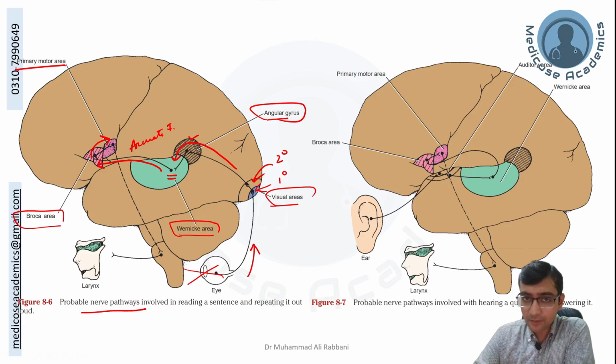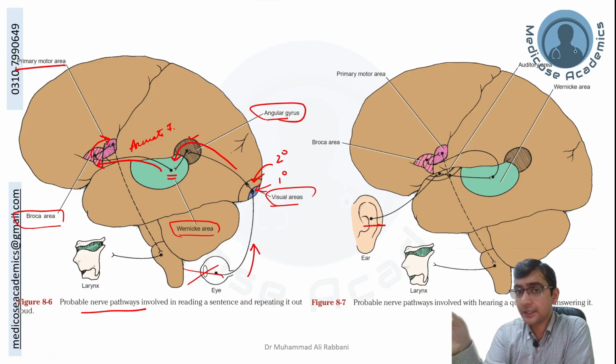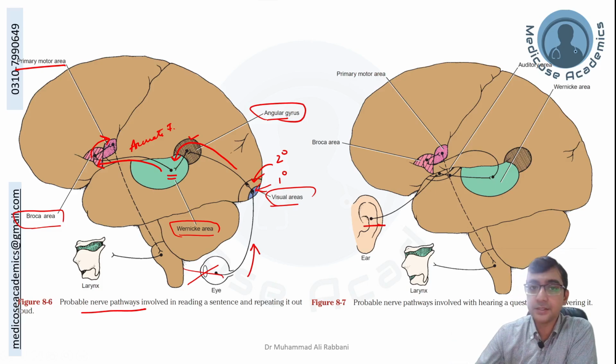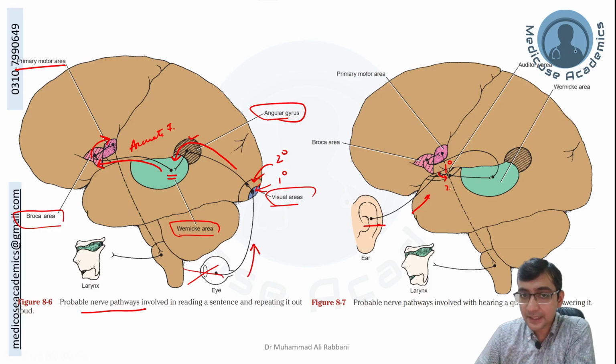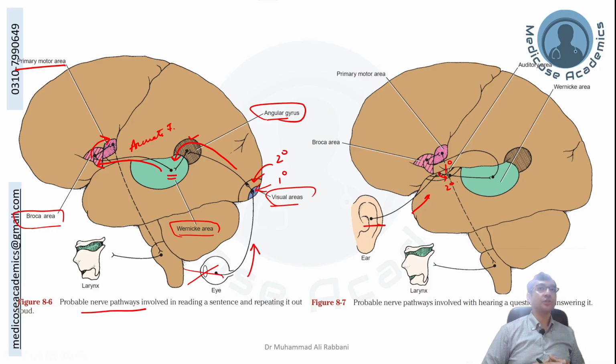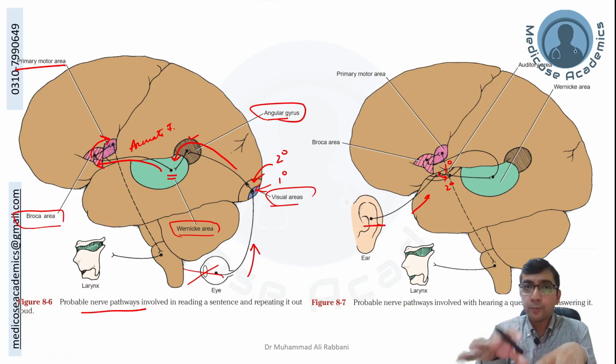A similar mechanism occurs when you hear something, someone tells you hello, how do you do? You say I'm fine, how do you do? So you hear it with your ear. There is a whole discussion of external, middle, inner ear. You can see our lectures in the head and neck series. They go through the auditory pathway, they reach the primary area, it reaches then the secondary association area, and the association area itself breaks down.